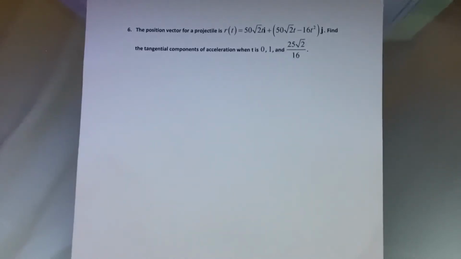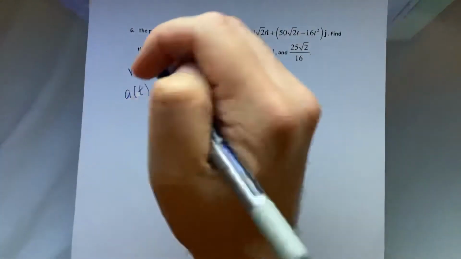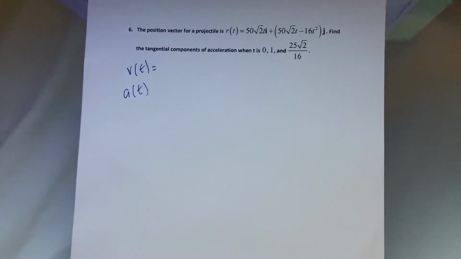This is only two-dimensional, but remember, to find the normal, we usually would use a cross product, but it's hard to do a cross product if we don't have 3 terms. So let's find our two derivatives, v of t and a of t.